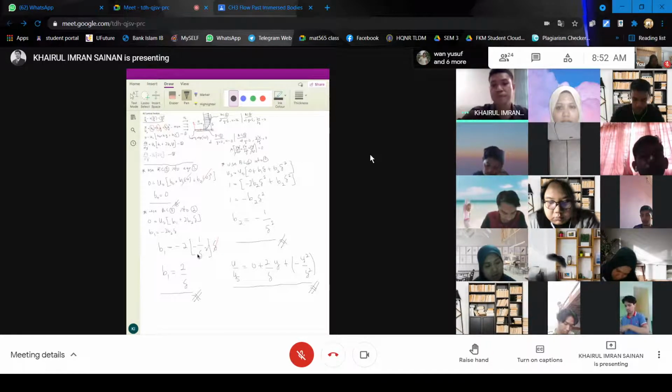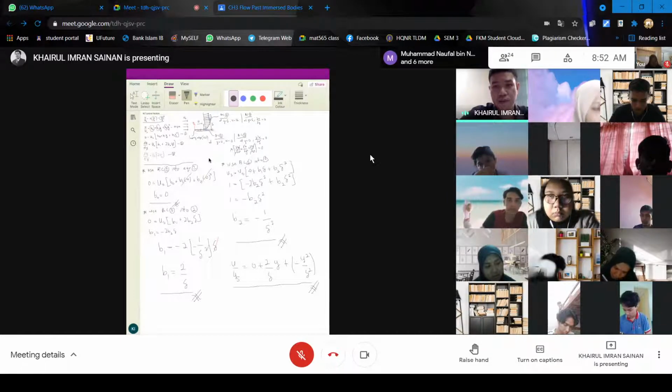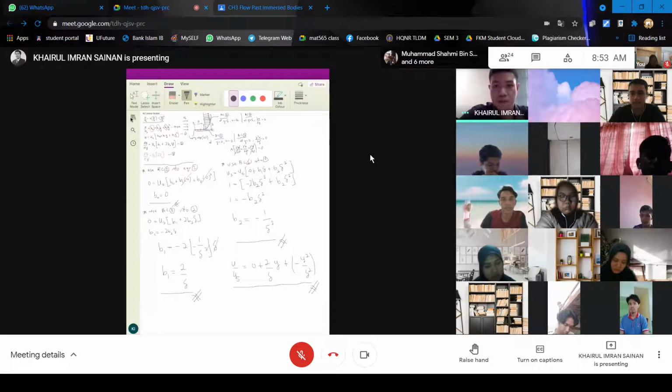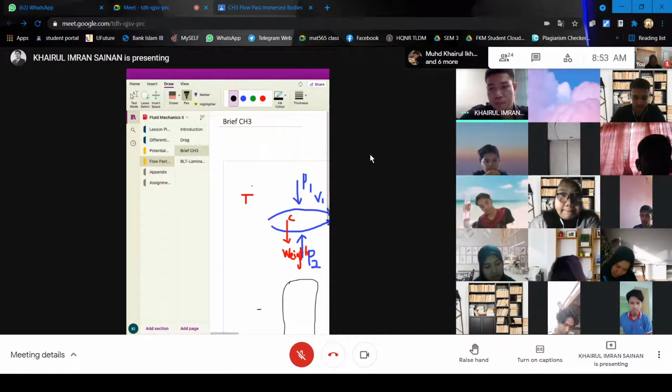Okay, this is also the method on how to derive the linear profile, and the cubic profile as well. For example, this one, Chapter 3.